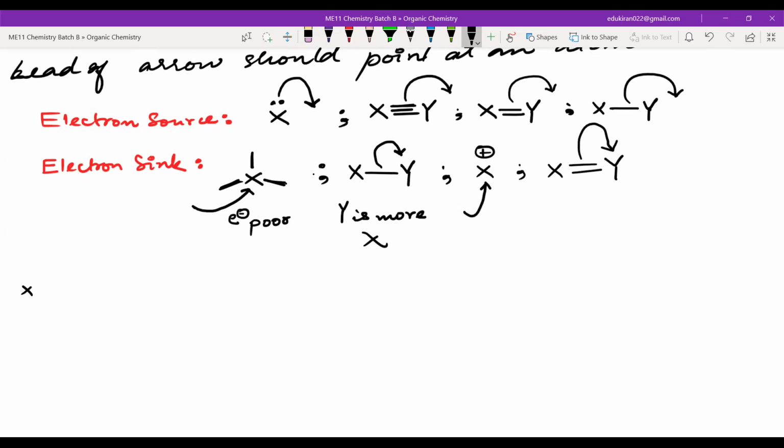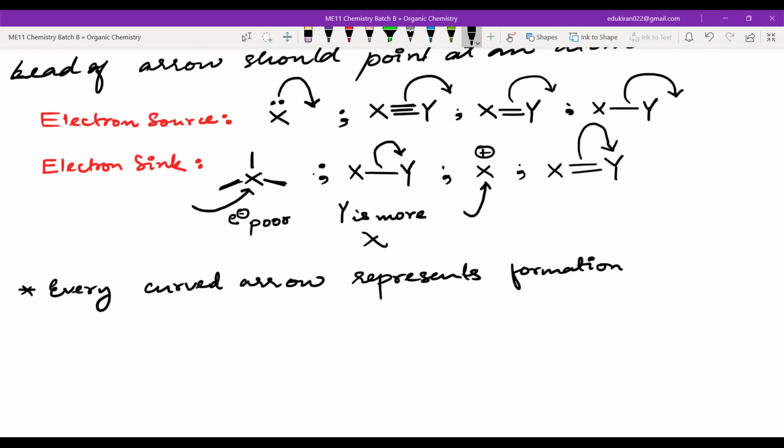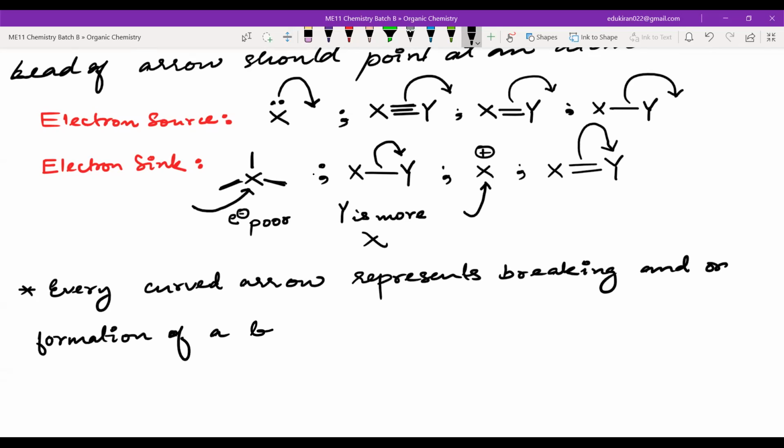We write one more point: every curved arrow represents breaking and/or formation of a bond. Breaking will always be there, whenever you have electrons flowing from somewhere, and/or formation of a bond.